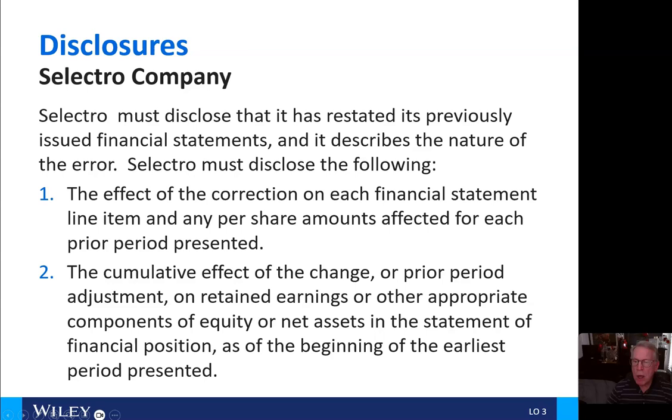And number 2, the cumulative effect of the change or prior period adjustment on retained earnings or other appropriate components of equity or net assets in the statement of financial position as of the beginning of the earliest period presented.